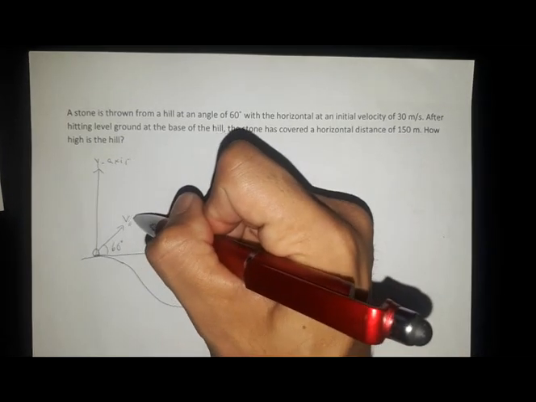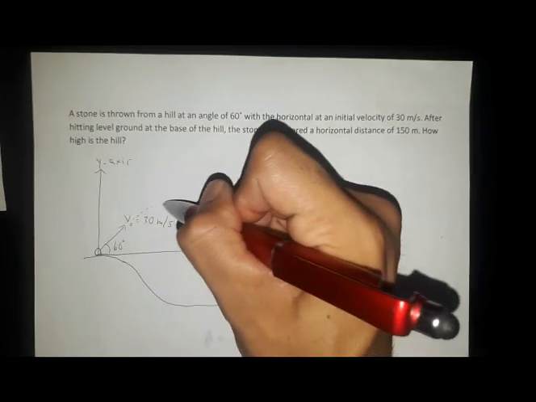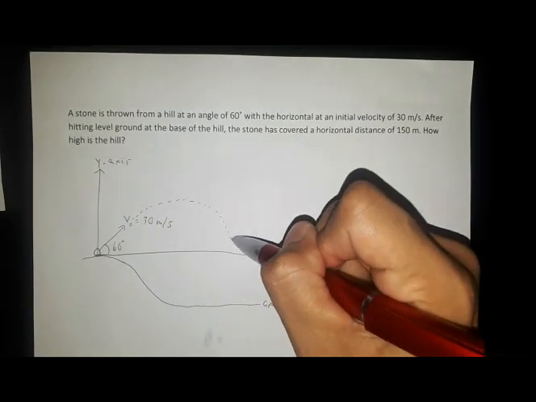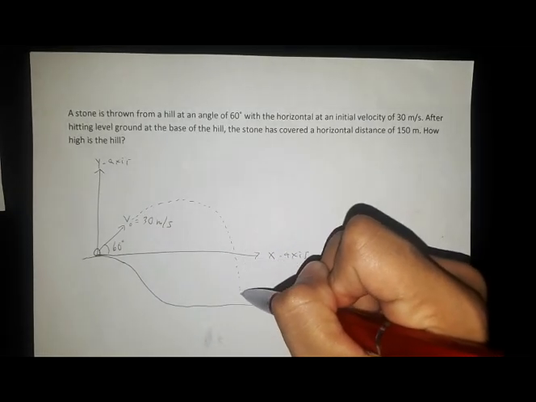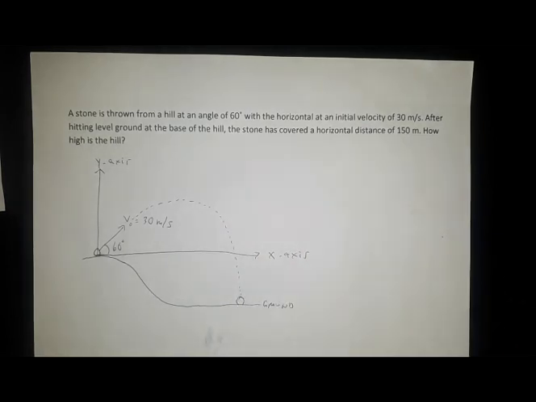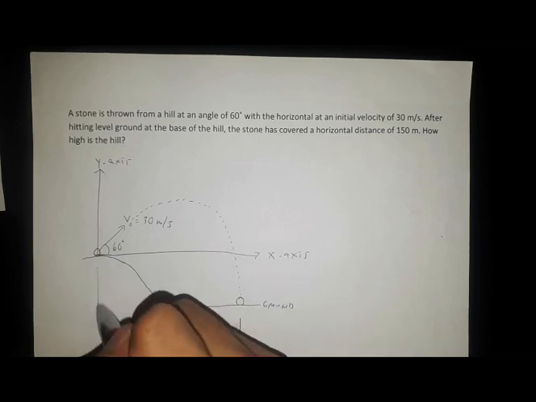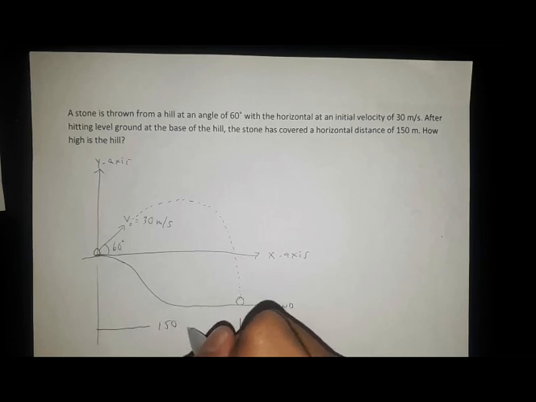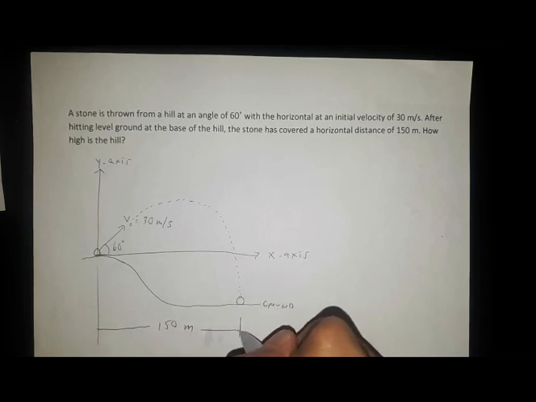The stone has covered the horizontal distance of 150 meters. So this is the path traveled by the stone until it hits the level ground of the hill, wherein your stone covered a horizontal distance of 150 meters.